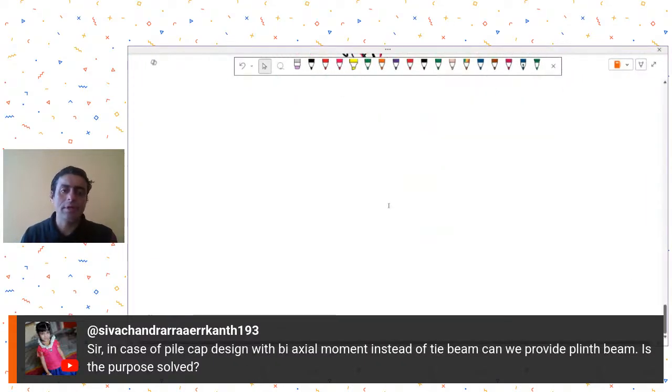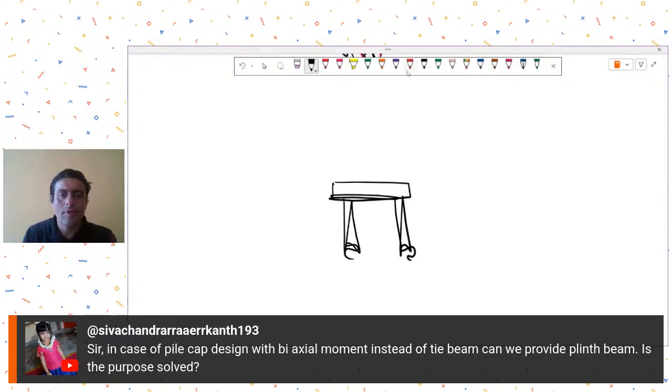See, purpose you may provide, but it will be more effective. His question is, let's say you had, I am showing you the cross section, and this was your pile cap with piles, and you had at this level some tie beam, and let's say this is the NGL level. I hope you are able to see the screen.